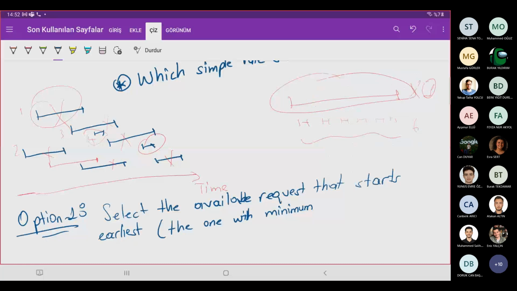Select the available request that starts earliest, the one with minimum start time, si, okay? It's like scheduling the exams that are at 9 a.m. at first, something like that, okay?